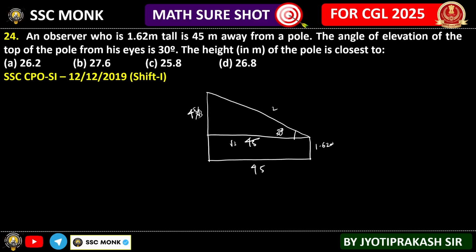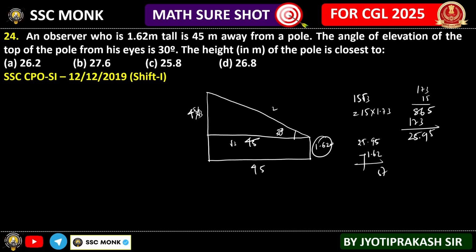Now it is asking what is the height. See, 45 by root 3 can be written as 15 root 3. So this can be written as 15 into 1.73. So 173 times 15 gives 25.95. So it is about 25.95, plus the 1.62 distance should be added.